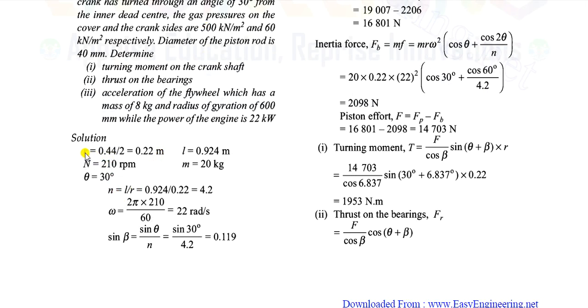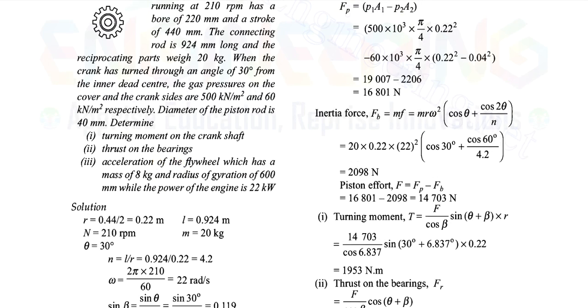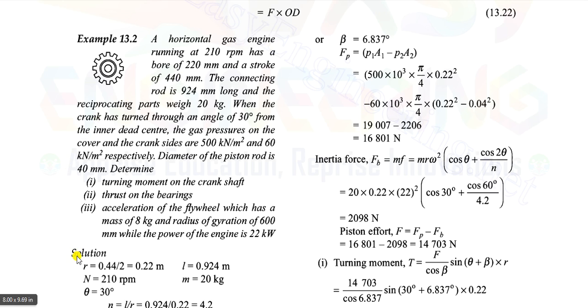So radius will be equal to 0.44 by 2, so 0.22 meter. So here exactly why he is calculating R: the crank radius is equal to 0.44 by 2, and it's coming 0.22 meter.